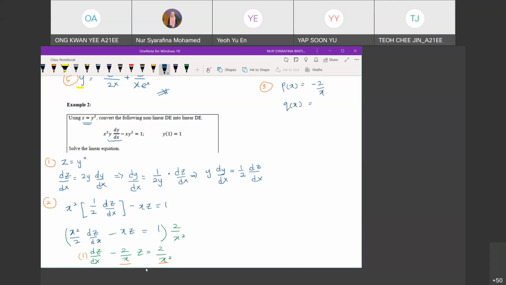Once you have your P and Q, what is your next step? Find the integrating factor. How can you find the integrating factor? Mu(x) equals e to the power of the integral of P(x) with respect to x. Try to find mu(x) here.